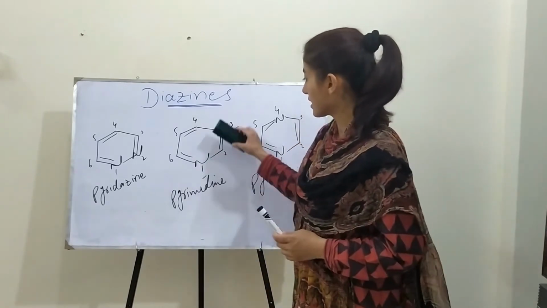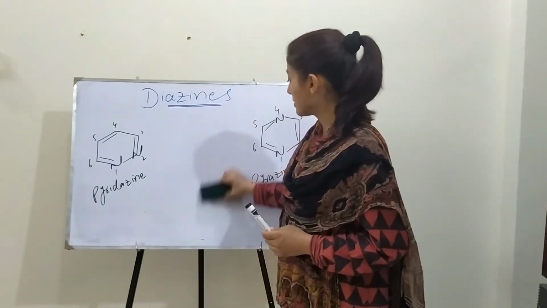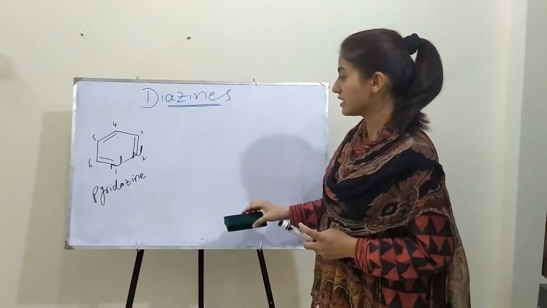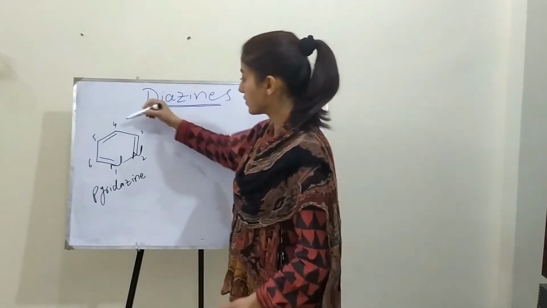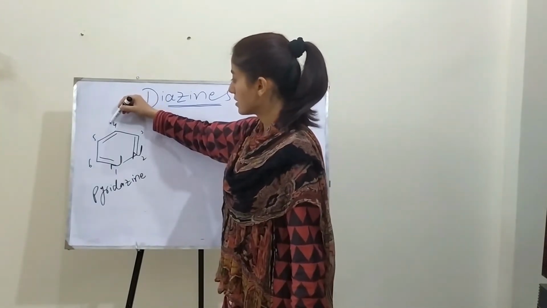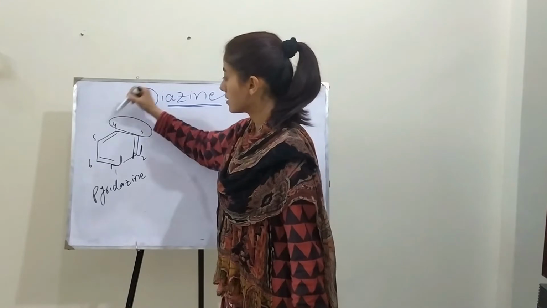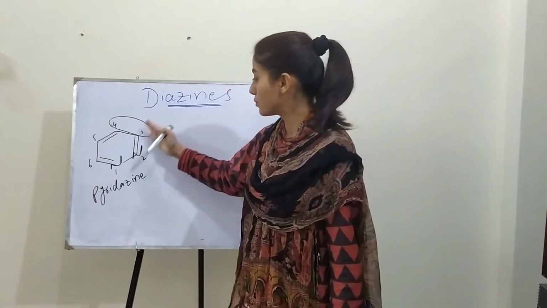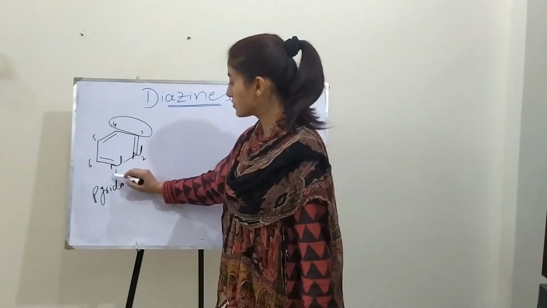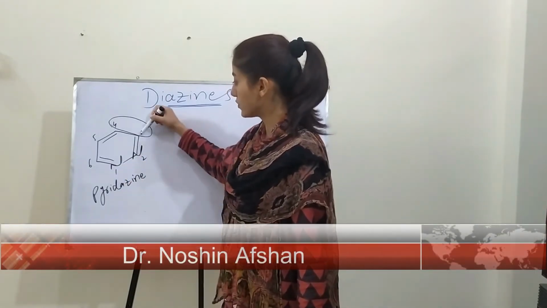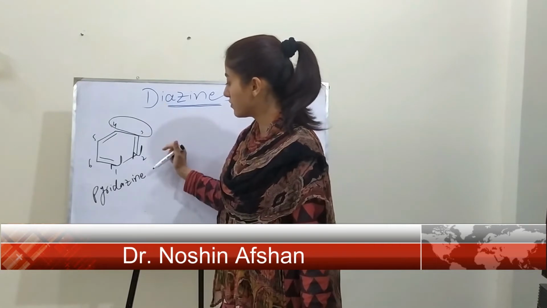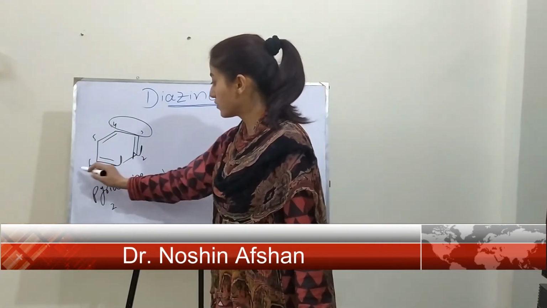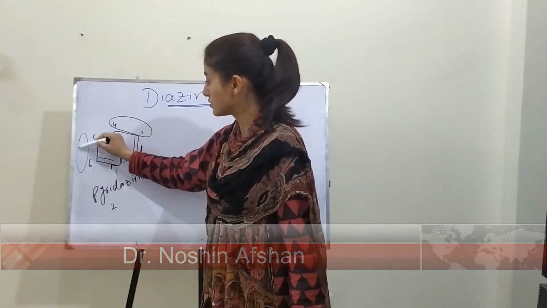So the next thing is, if the benzene ring is fused with this pyridazine at the 3,4 position, the possibility for the 3,4 position is along both sides. Here, if we start from here, 1, 2 and 3,4 position would be this one, and if we start from this nitrogen as 1, then this nitrogen is 2, then 3,4 position would be this one.